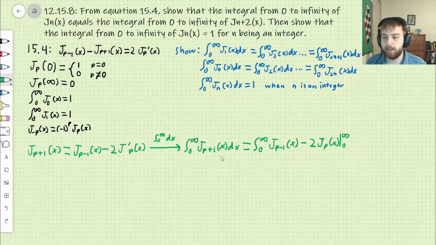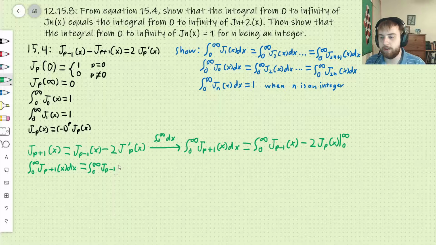I'm going to just go ahead and rewrite this one more time, because I want to write that last part in a slightly different form. The integral from 0 to infinity of j p plus 1 of x dx equals the integral from 0 to infinity of j p minus 1 of x dx.